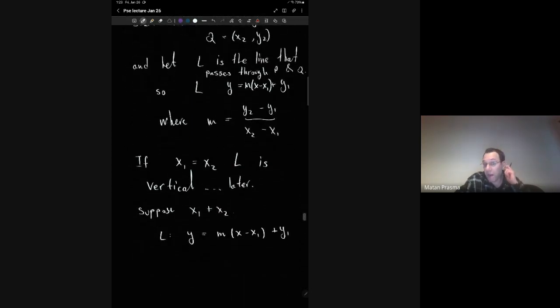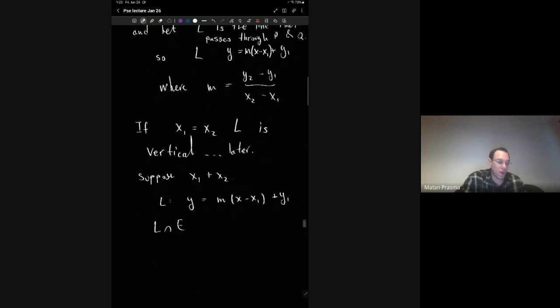And I want to find the intersection of L with E. And so I substitute this thing into the equation of E. I get that m times x minus x1 plus y1, squared, equals x cubed plus ax plus b.